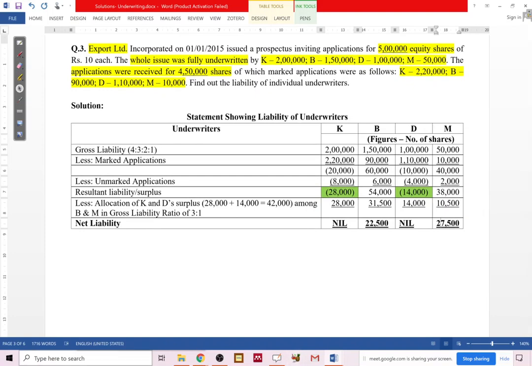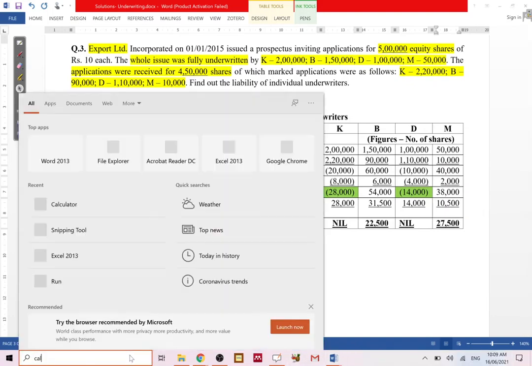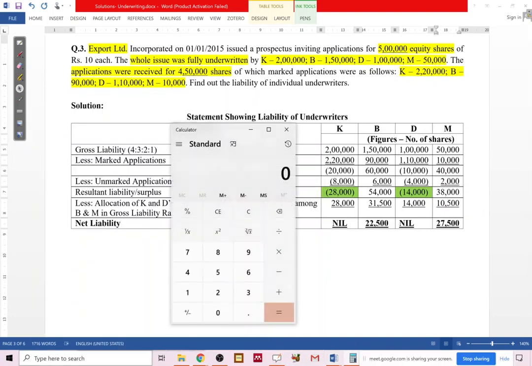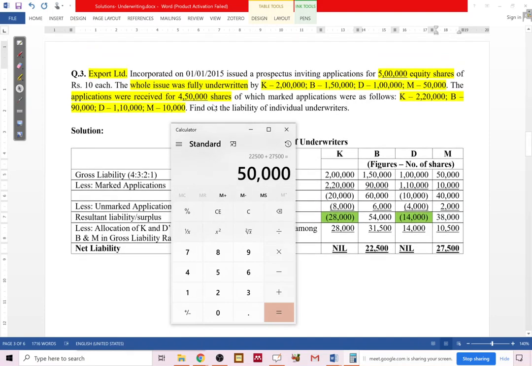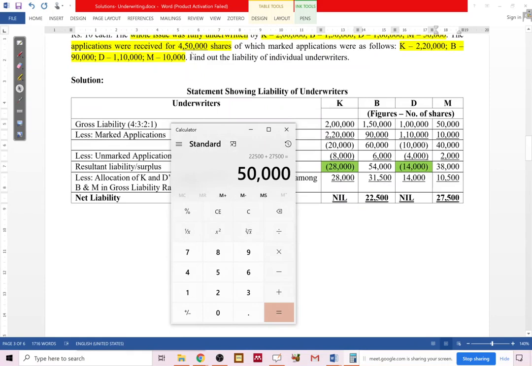Now just to cross check, let's see how much the total liability of both comes to: 22,500 plus 27,500. It comes to 50,000. Now what exactly is this 50,000? I told you all the companies offered applications for 5 lakh equity shares, meaning their aim was to sell 5 lakh, but they received applications for 4 lakh 50,000.